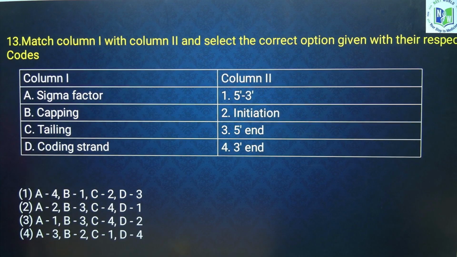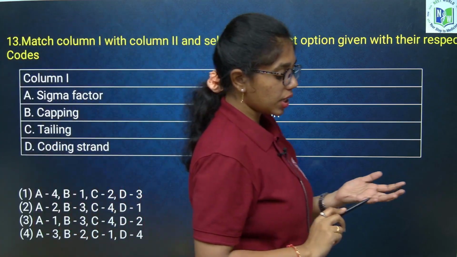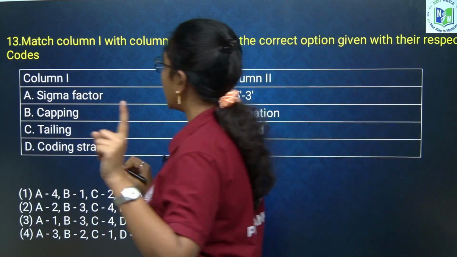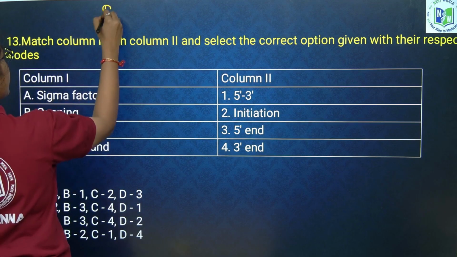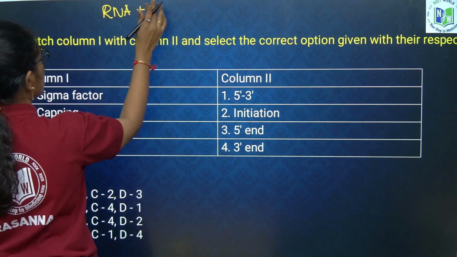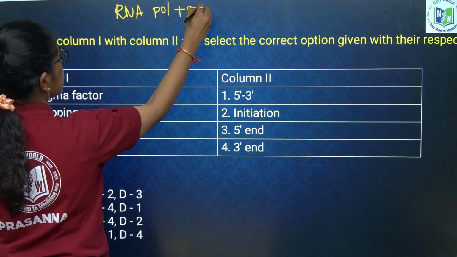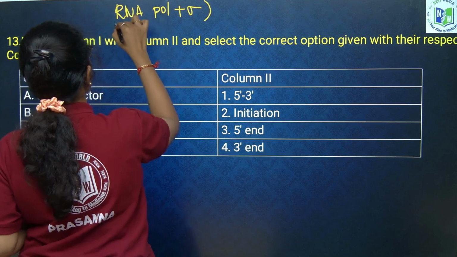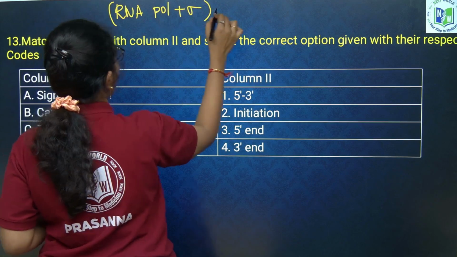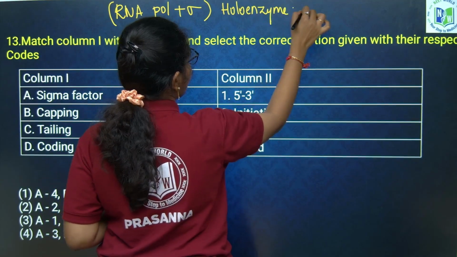Next, sigma factor, it will promote initiation. You have to remember all the time initiation and termination of transcription process. The entire transcription is facilitated by RNA polymerase. We know RNA polymerase along with sigma factor is said to be a holoenzyme, which will promote initiation.